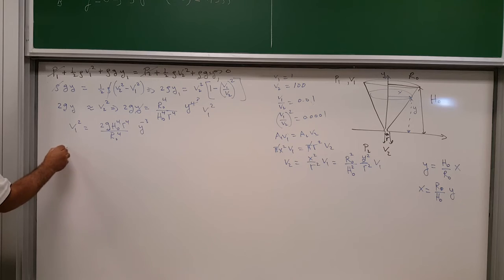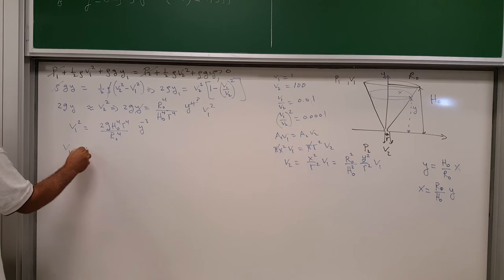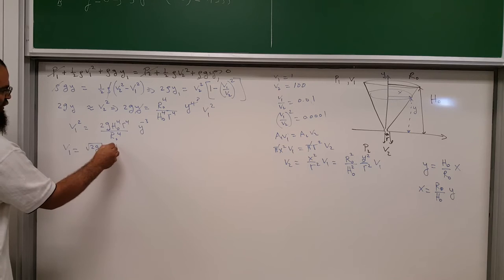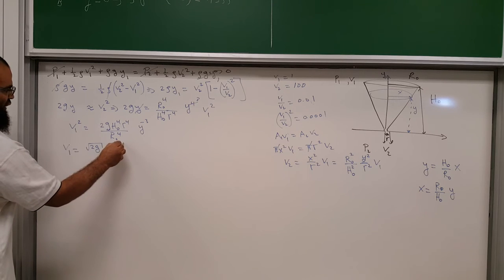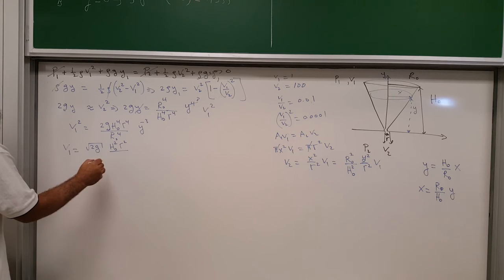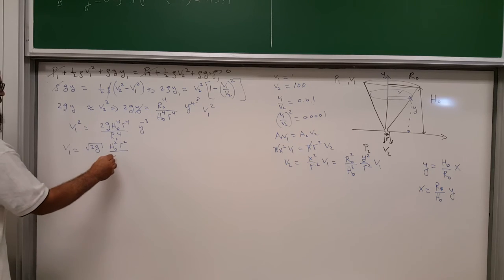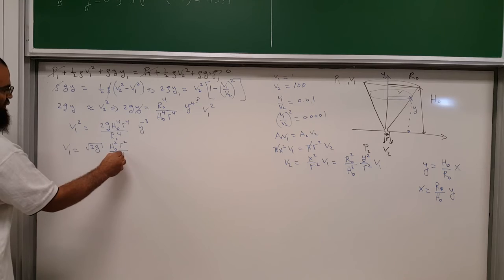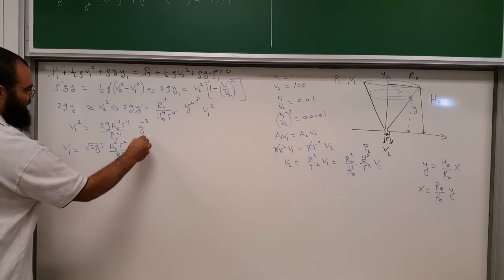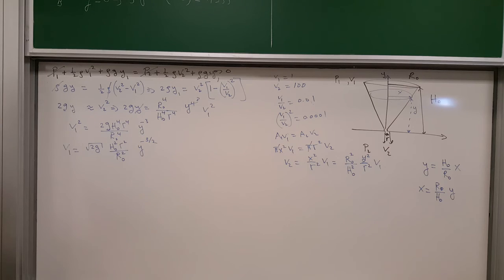And so take the square root of both sides. So I get v1 will be radical 2G, and then the square root of this stuff will be h0 squared r squared over r0 squared. And then the square root of this will be y to the negative 3/2 power.